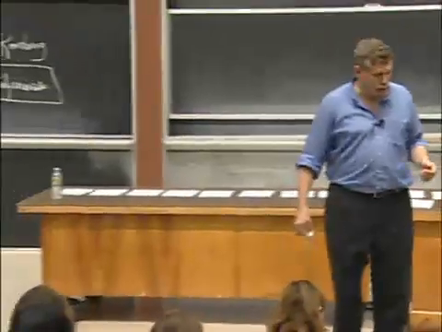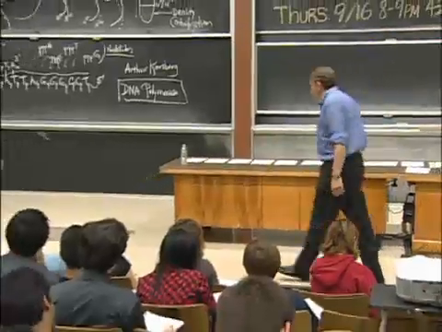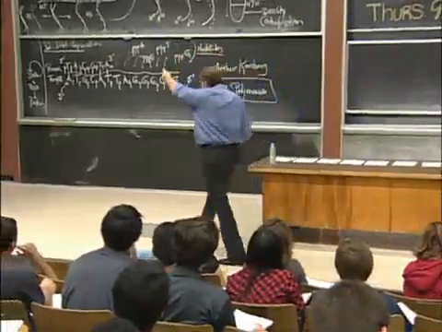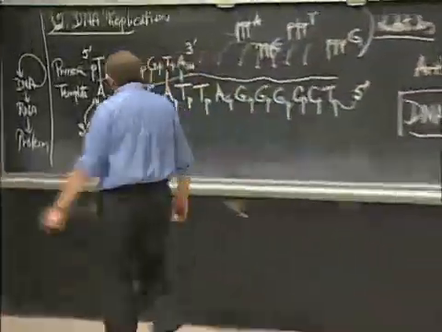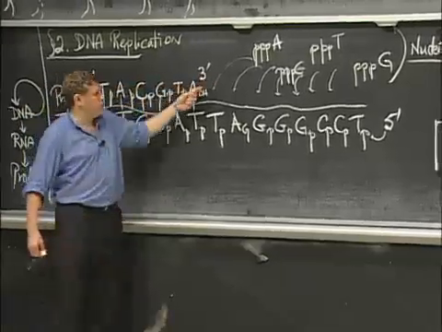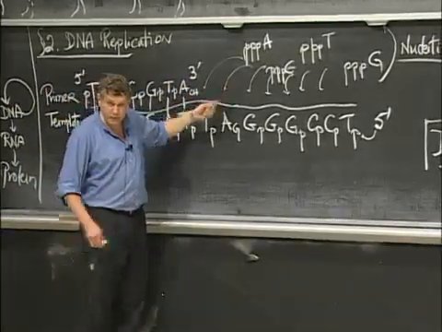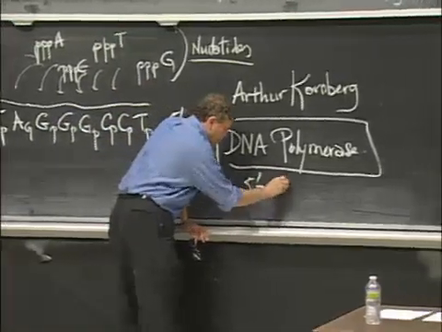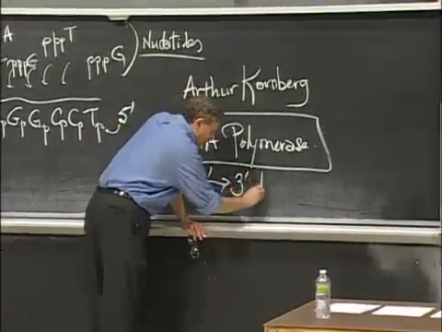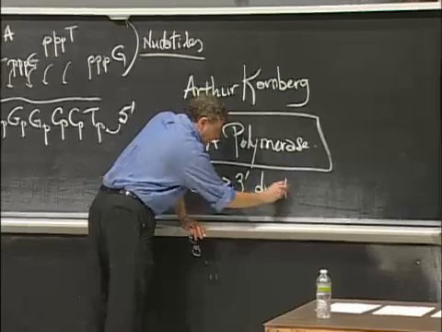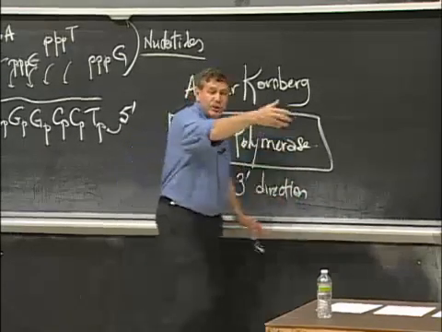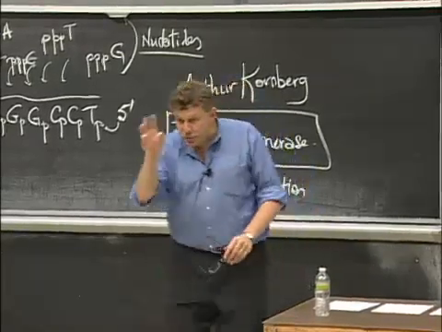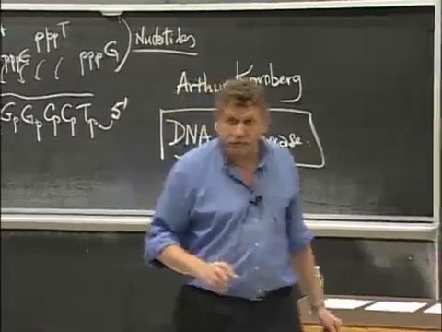What direction is the synthesis proceeding? Starts here at the 5' end, and it moves adding on to the 3' end. So it's 5' to 3' direction. That's the direction it moves. It adds to the 3' end. It adds the free nucleotide to the 3' end.